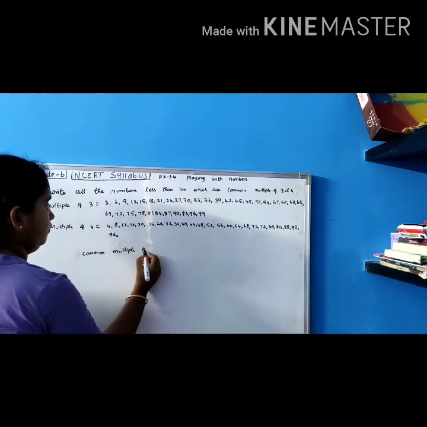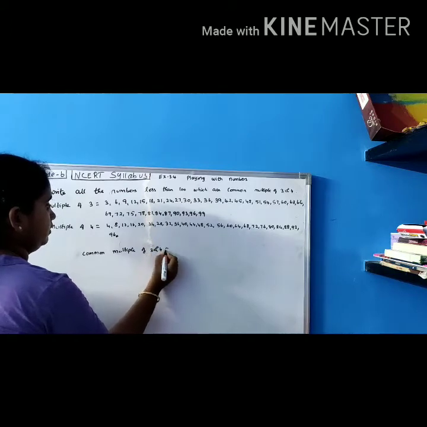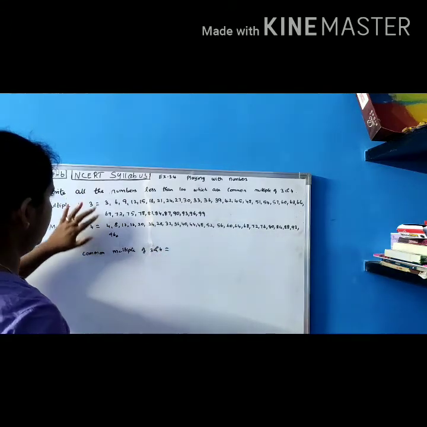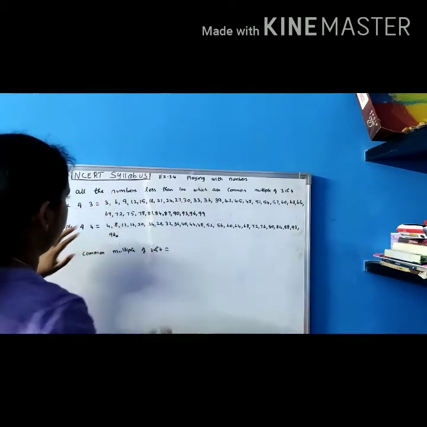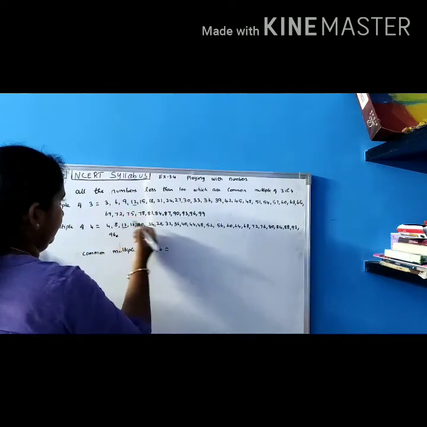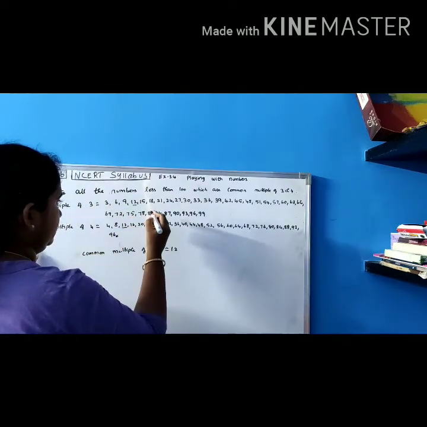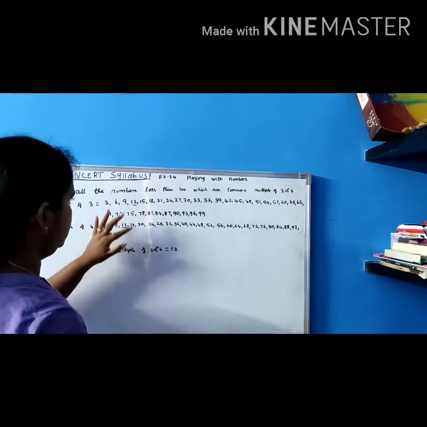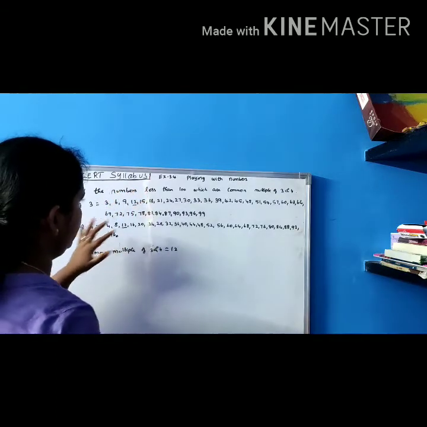Common multiples of 3 and 4. 3 is here, no. 8 is here, no. 12 is there, right? 12. Then 15, 16, no. 18, 20, no. 21, 24, 24 is there.